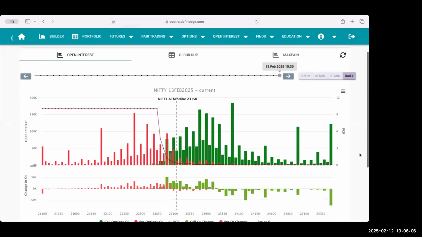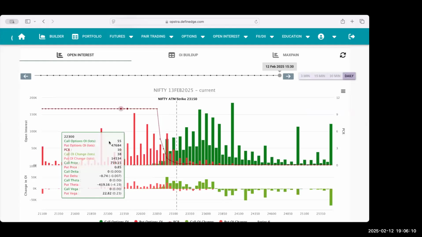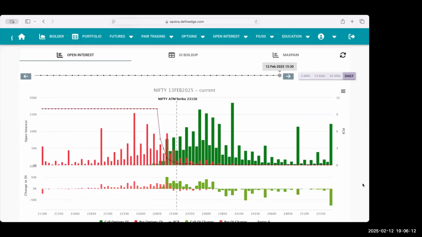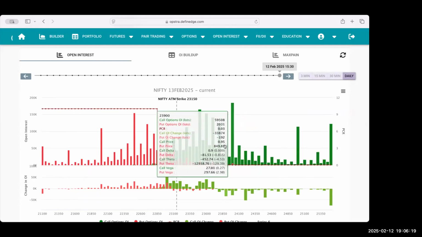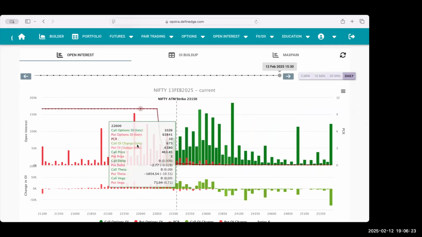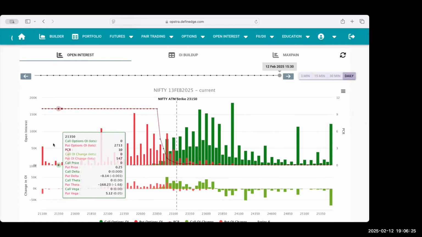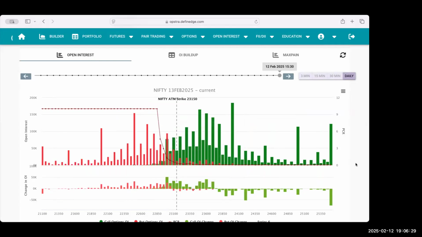Technically these are your call sides, these are your put sides. How does option work? The more calls, these are basically selling data. These are call sellers. Today call sellers were very high, put sellers were low. Whenever you are selling a put, the market will go up. Whenever you are selling a call, the market will come down, because it is a reverse strategy of buying.